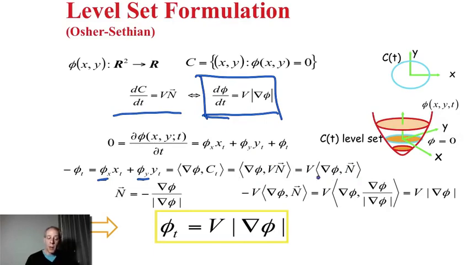Now remember, I want to write everything as a function of phi. That's the important part, okay? So we just saw that the normal is minus the gradient normalized, okay? So here we basically plug that. We replace minus the normal by the gradient of phi normalized, okay? And this, as before, is gradient times gradient, that's gradient squared, divided by one gradient, we get one gradient.